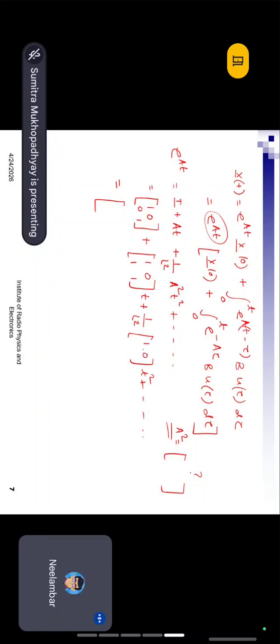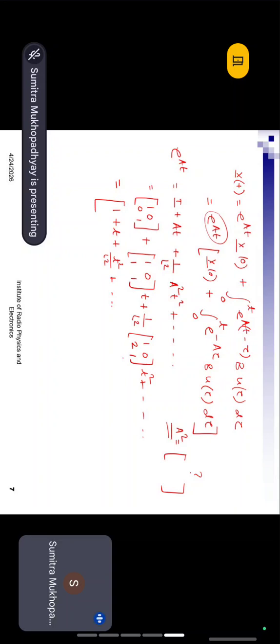Okay. Then you add all the matrix elements. So it will be something like 1 for the first element, 1 plus t plus t square by factorial 2 and so on. What is the second element?